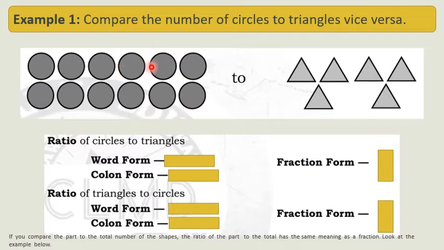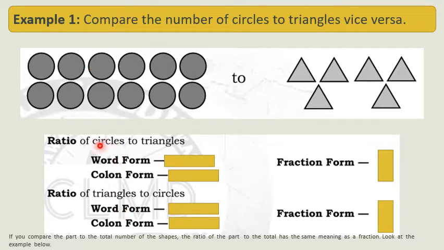So for example number 1, let us compare the number of circles to triangles and vice versa. So kapag kinuha natin yung ratio ng circle to triangle, syempre ang uunahin nating bilangin is yung circle. So madali lang tong ratio, ang way lang natin dito is bilangin natin kung ano yung gusto nating gawing ratio.